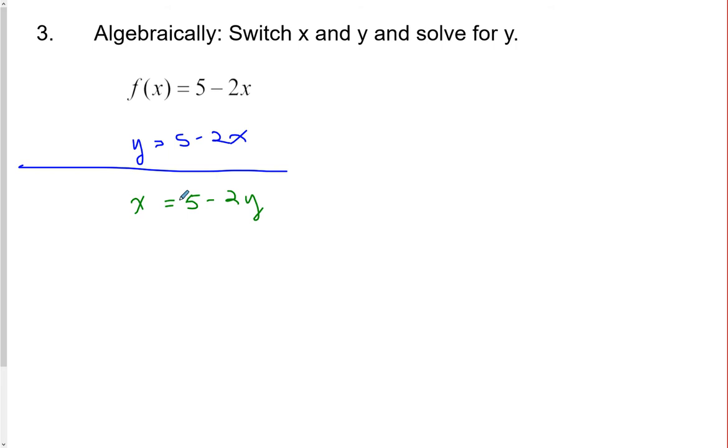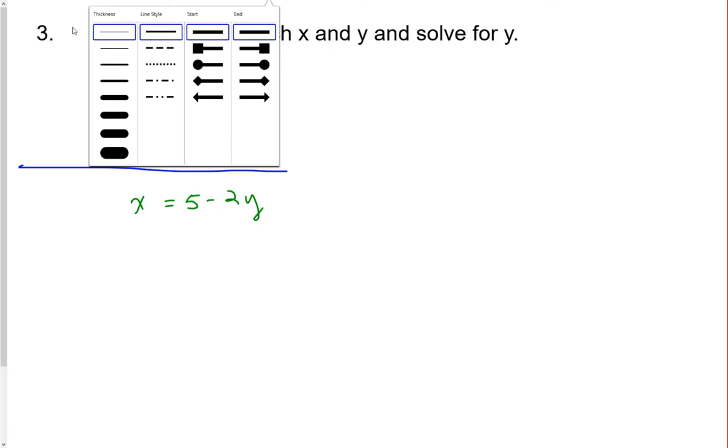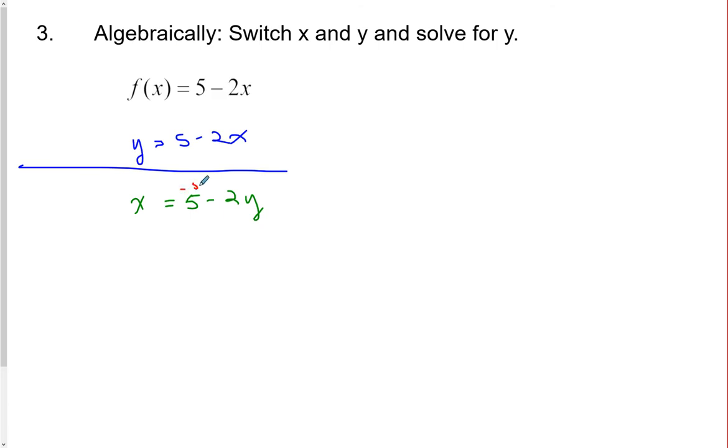And now I need to solve for y. I need to get y by itself. So first, if we're going to get y by itself, let's subtract 5 from both sides. That's going to leave us with negative 2y on this side and x minus 5 on this side.